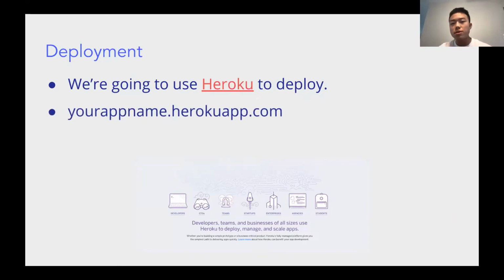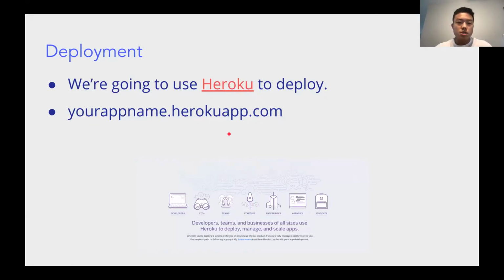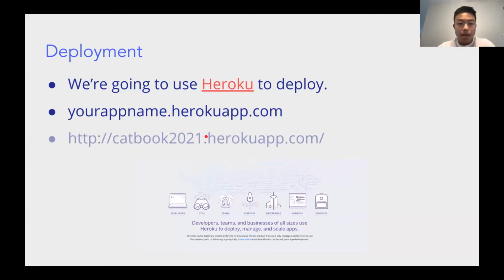It's going to generally give you a URL of this format: whatever you named your app here, and then .herokuapp.com. So if you go to that URL, you'll be able to see your website working. And if you want to see Capbook working right now on Heroku, feel free to visit this link. We've deployed a version of Capbook here.